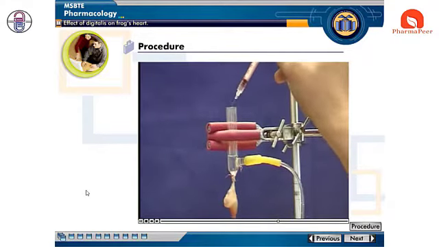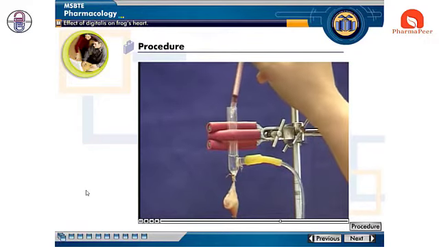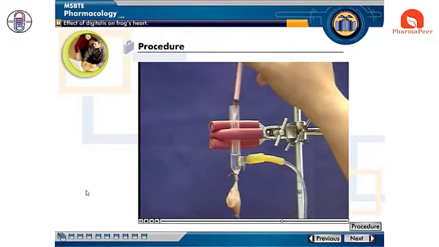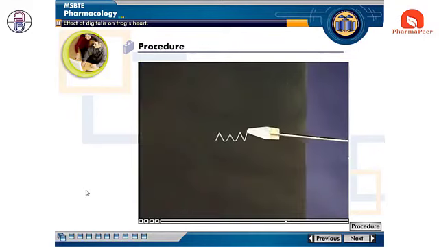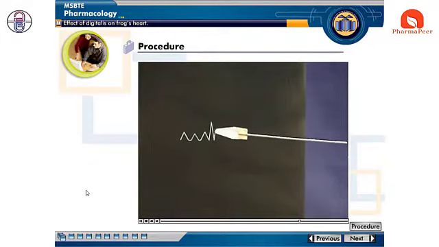Now inject 0.1 ml each of digoxin and calcium chloride solution into the cannula. You will notice that the rate and force of contraction of the heart and its rhythmicity start slowly improving, which was altered in the hypodynamic state.